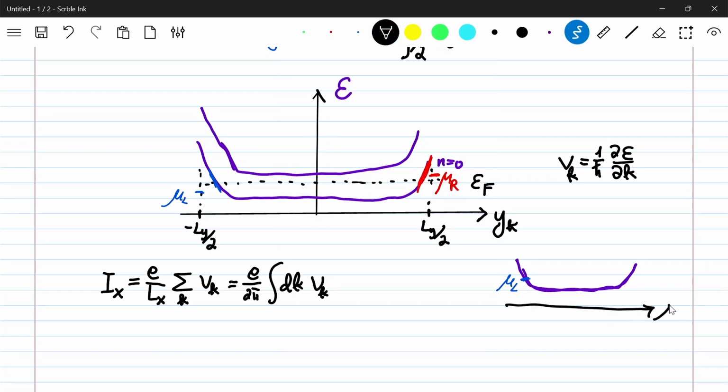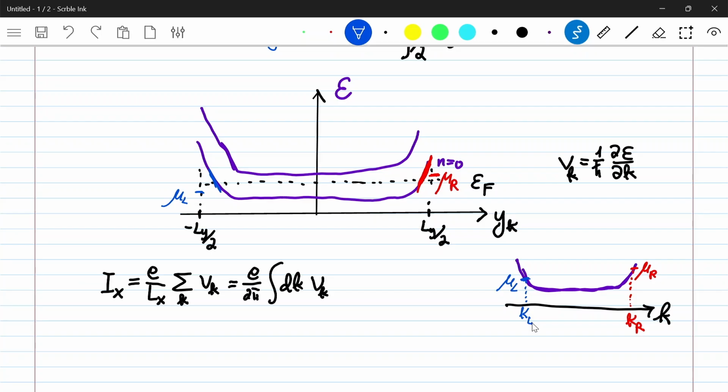This is mu r, and mu r corresponds to some k state kr, and this corresponds to some kl, and kr is not minus kl, because there is a difference in bias.